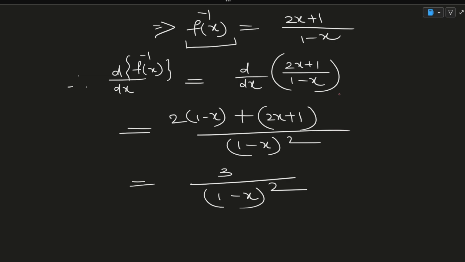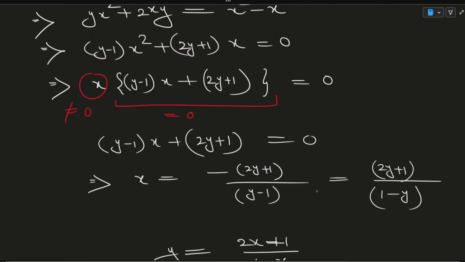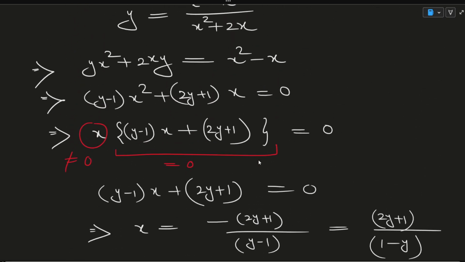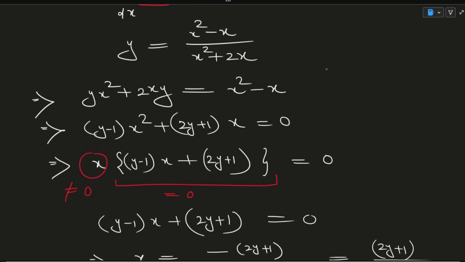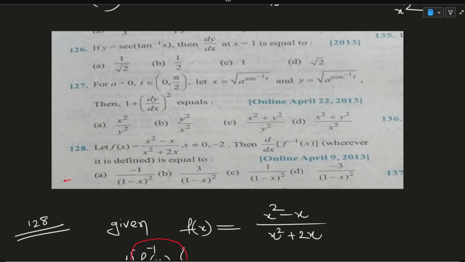So we have 3 by (1 minus x) whole square. Okay, so if we carefully see our options, option B is correct. Okay, so now we'll see another question.